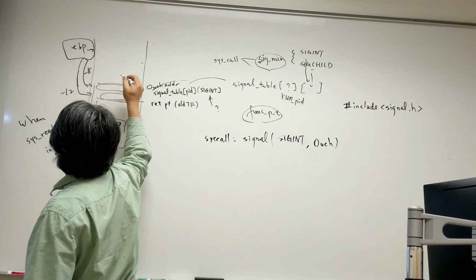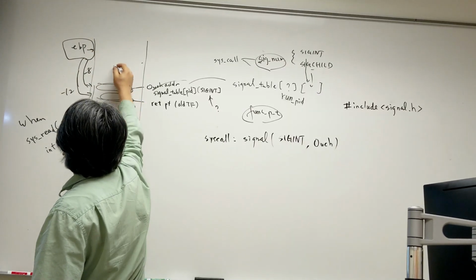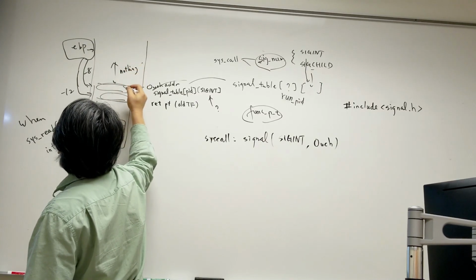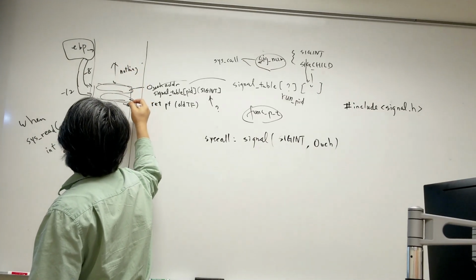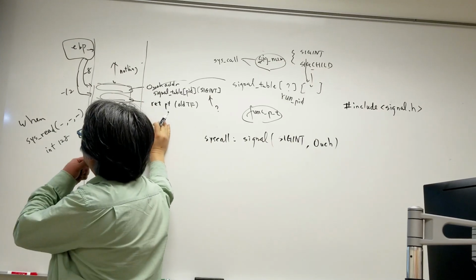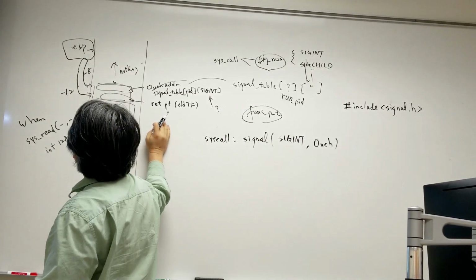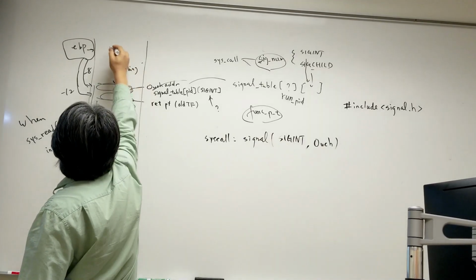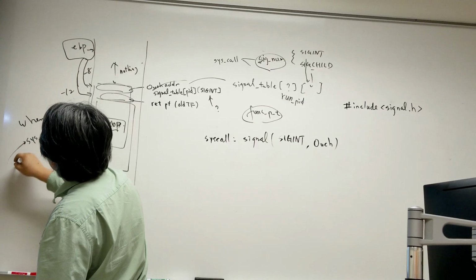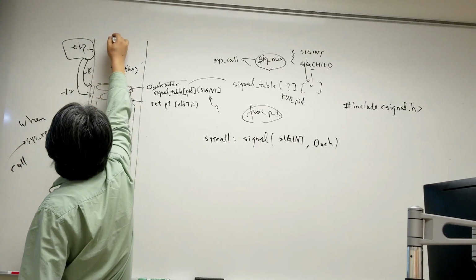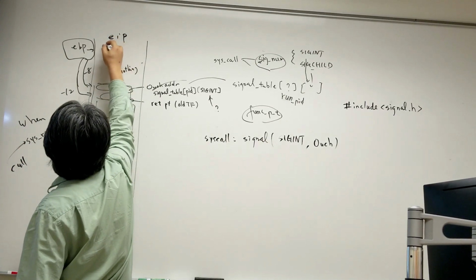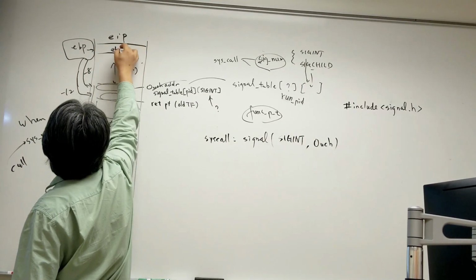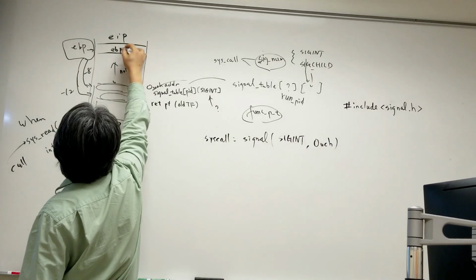The state of EBP right now, to say it another way, there's nothing stacked here. So since there's nothing here, minus 8. Why would it be minus 8? There's a return address. When this is called, the return address will be in the stack here, and then we push the original EBP, that's the user process EBP.